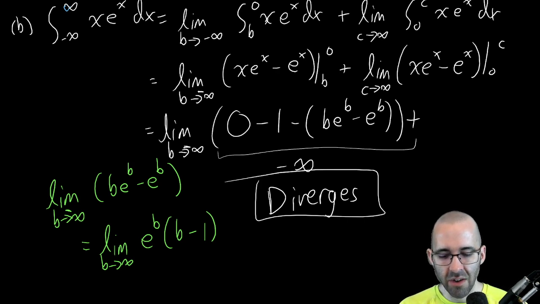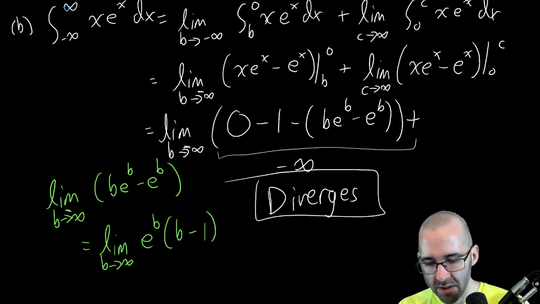This converges to 0. Right? They both go to 0. This one's kind of hard to see where it goes to 0, because technically this is 0 times infinity. You have to use L'Hopital's rule on this one.